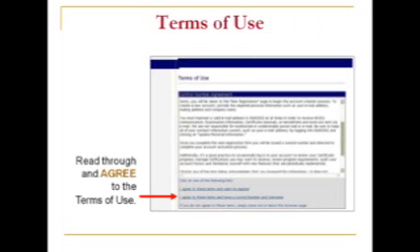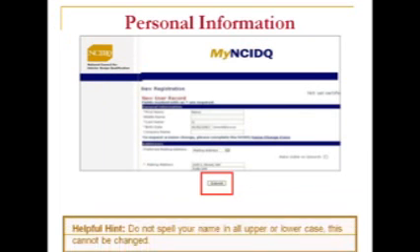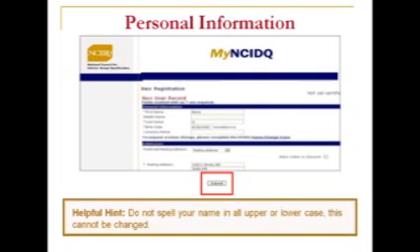Before you can set up your account, you should read through and then agree to the terms of use for using NCIDQ. Once you've accepted the terms of agreement, you will be taken to a new registration screen where you'll be prompted to enter all of your personal information. Make sure to spell your first and last name in proper case because it cannot be changed once you submit it.